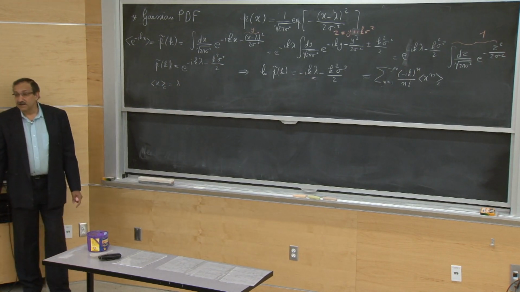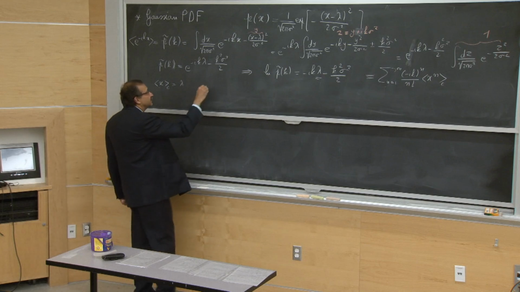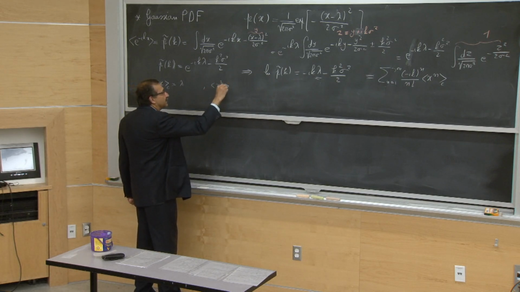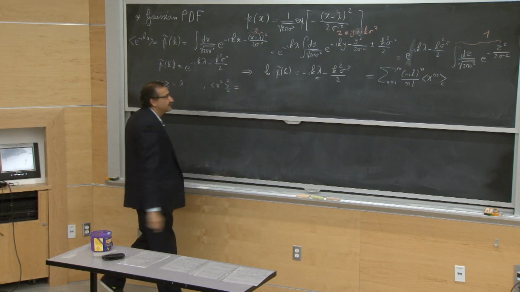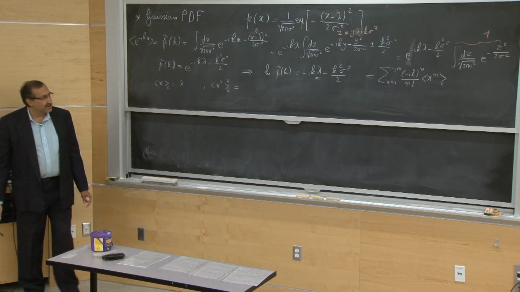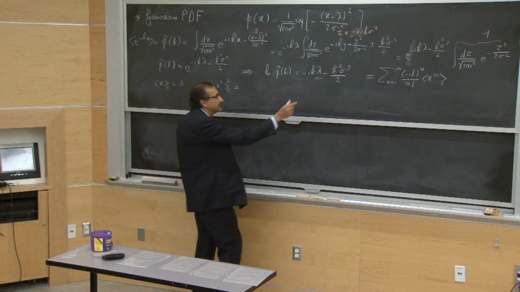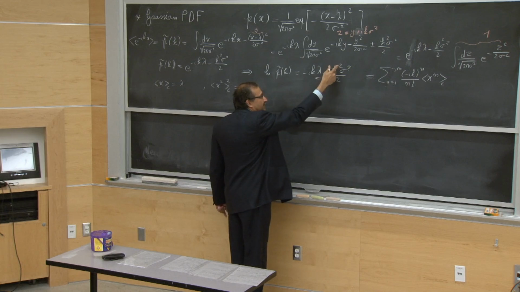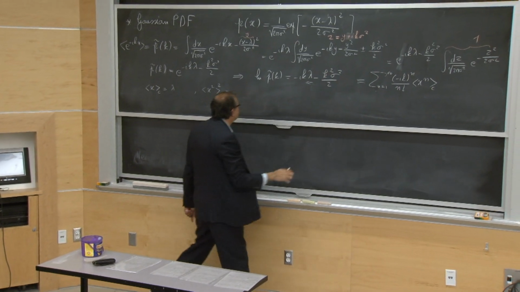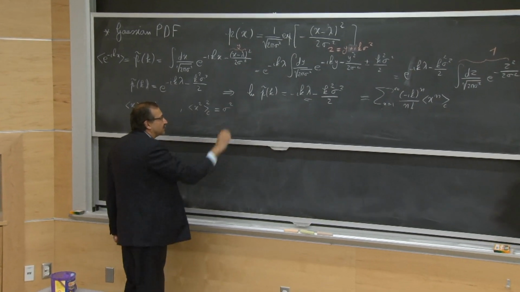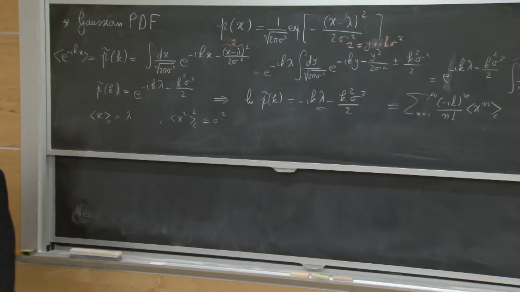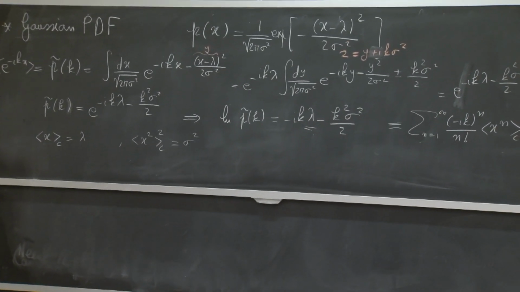It is characterized by a second cumulant, which is the coefficient of minus ik squared. This is the variance, and we can explicitly see that the coefficient of minus ik squared over 2 factorial is simply sigma squared. So this is repetition.